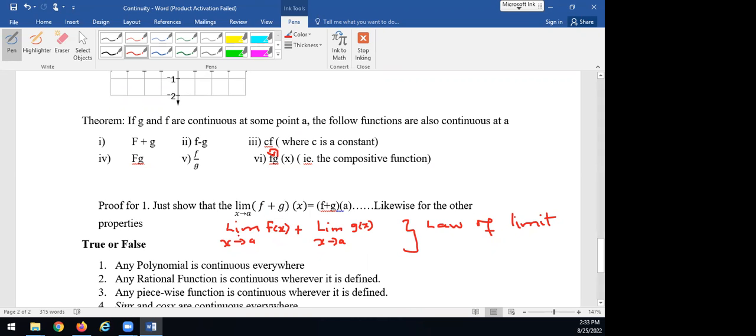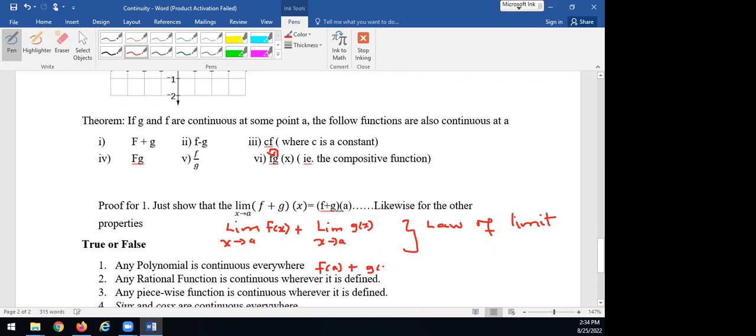Now, what's the limit as x approaches a of f of x? Just plug it in because there's no break here. So that's just going to be f of a, plus, what's the limit as x approaches a of g of x? g of a. It's a continuous function, so it has to be g of a, because you're told that the individual functions are continuous.